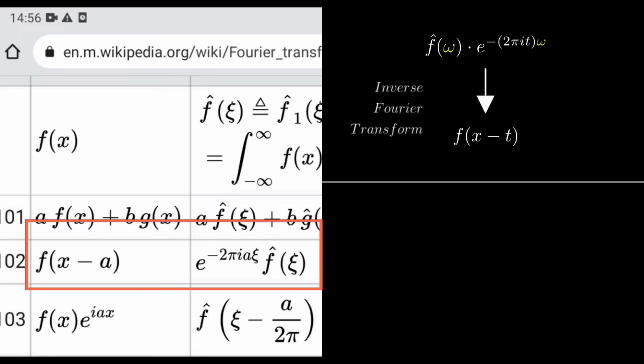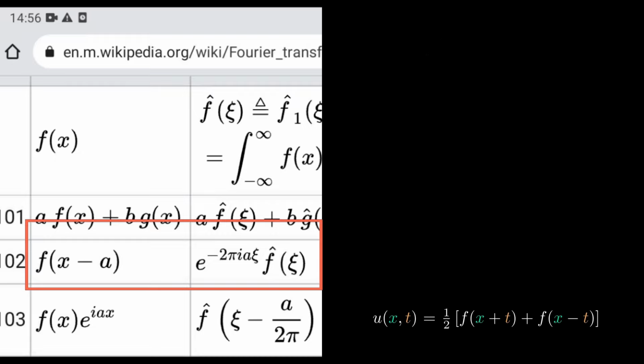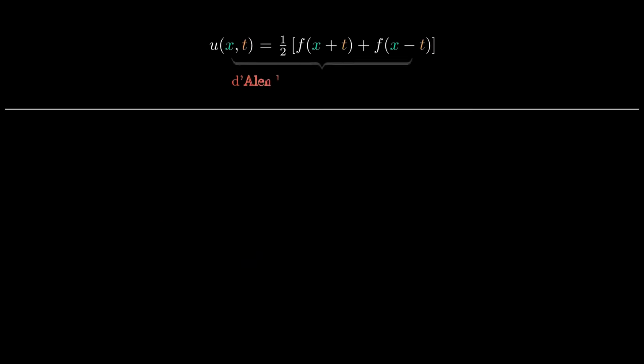Thus, we can immediately see that the inverse Fourier transform of u hat, that is the transform solution, will be just half of f(x plus t) plus f(x minus t). So we have found the exact solution of the wave equation on infinite domain. Also called the D'Alembert solution.